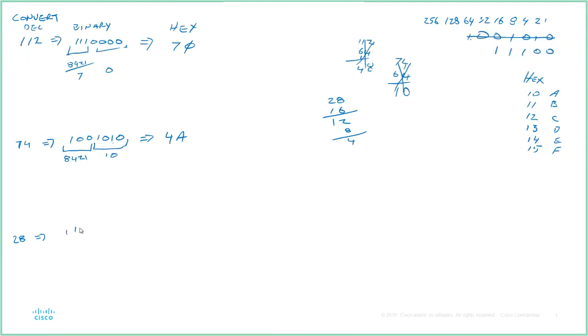So 11100. So that gives us 1, an 8 and a 4 is 12. So we have A, and 12 is C.